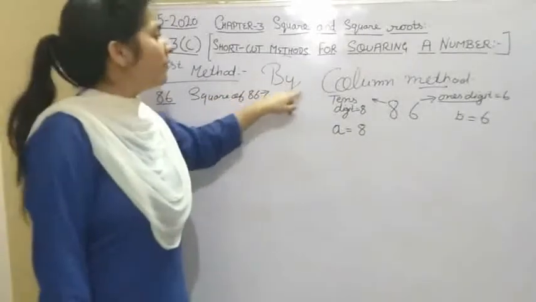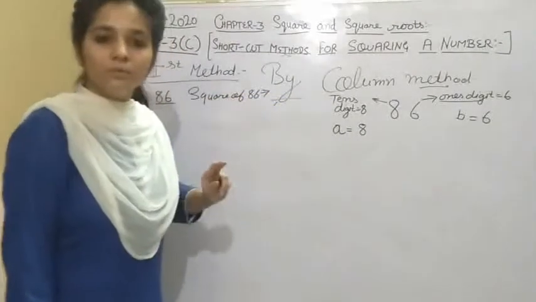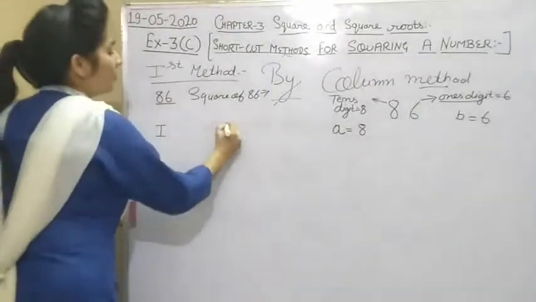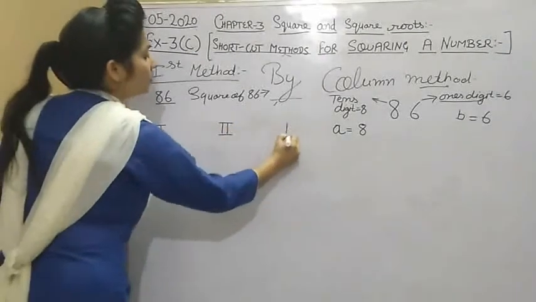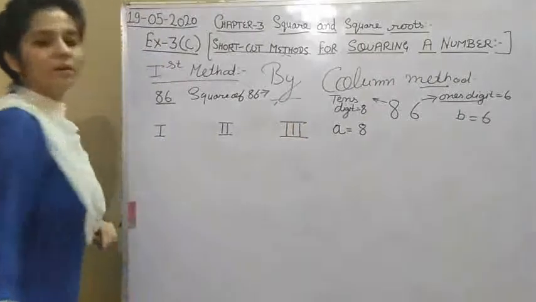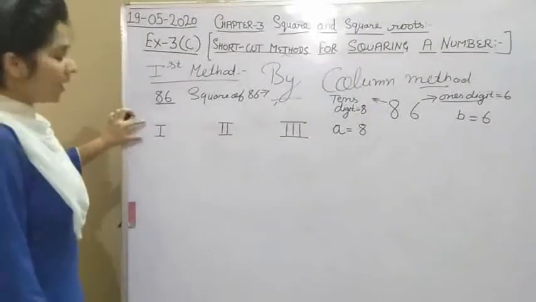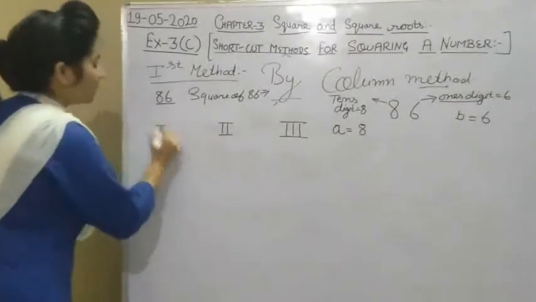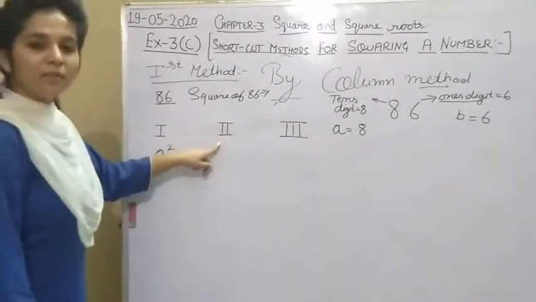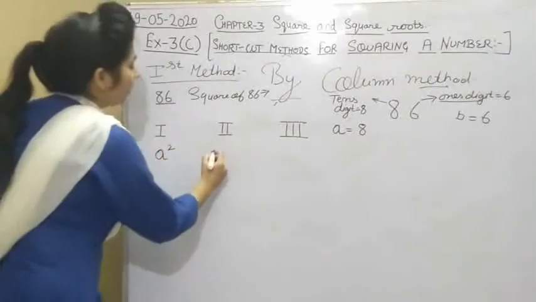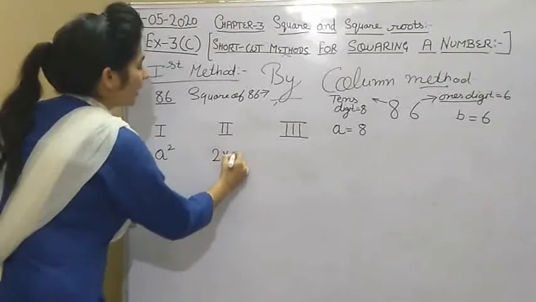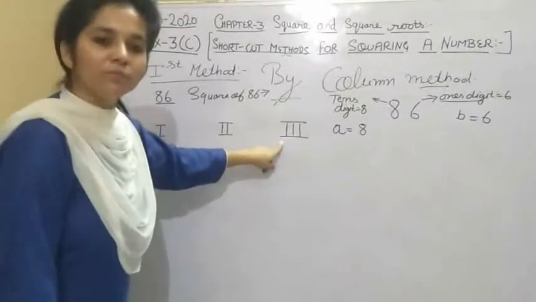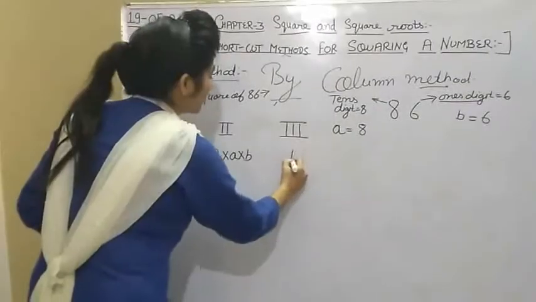Now we will make the columns. And how many columns will we make? 3 columns: 1, 2, 3. In the first column, we will write A square, in the second column, we will write 2 multiply A multiply B, and in the third column, we will write B square.